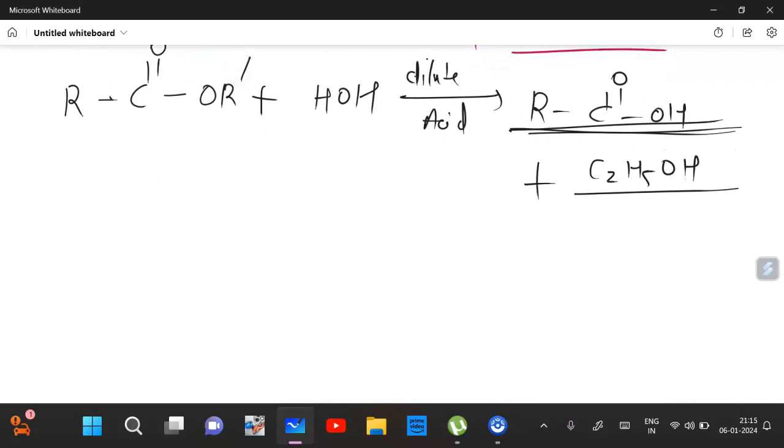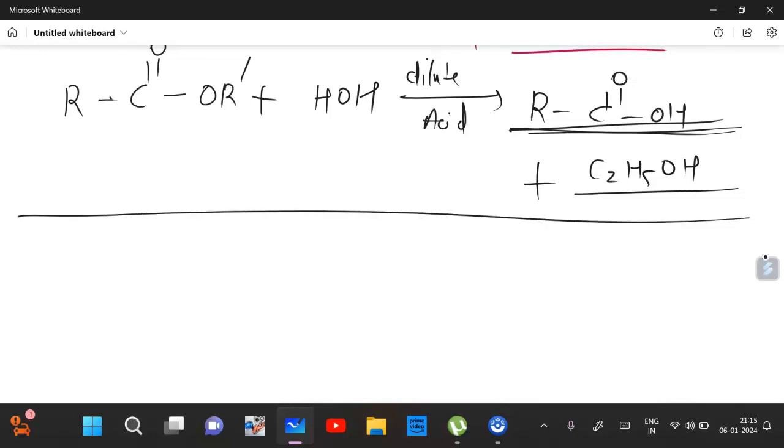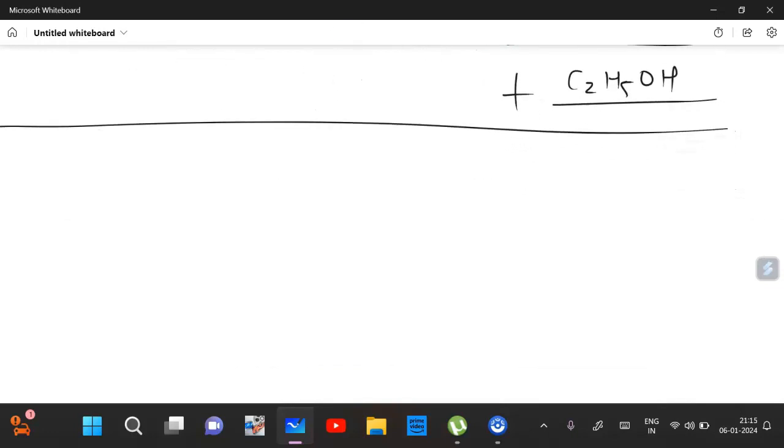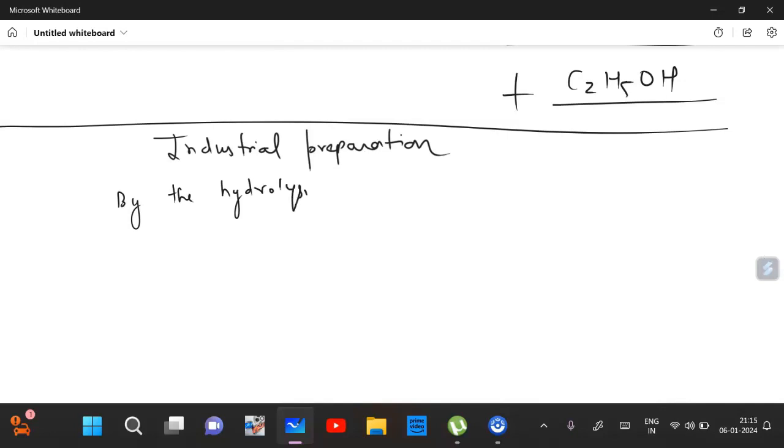We have a few methods which can be considered industrial preparation methods. In this method, what we have to do is the hydrolysis of alkene.